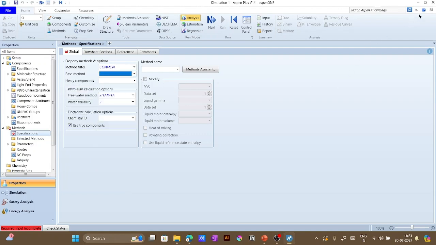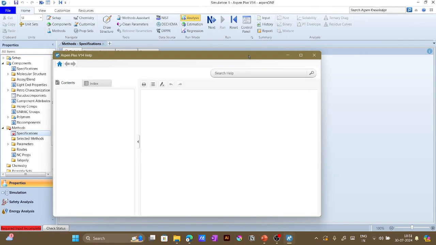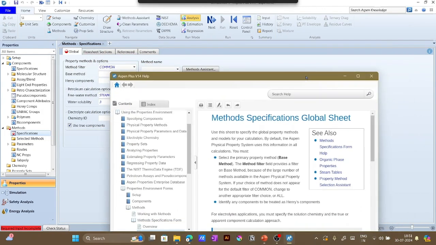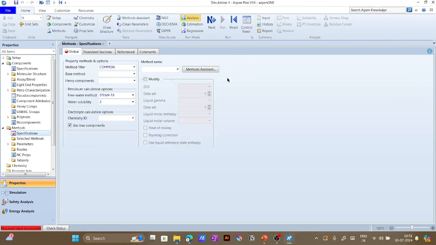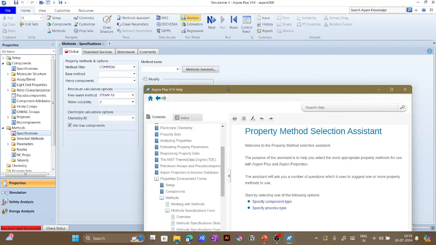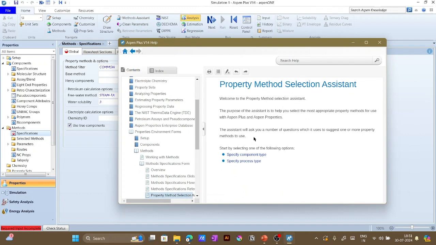In that case, use the help button to identify and eliminate different options, or you can also use the Method Assistant. Here we have this Method Assistant menu available. If I click onto that, this page will open where I can specify the component type or the process type.